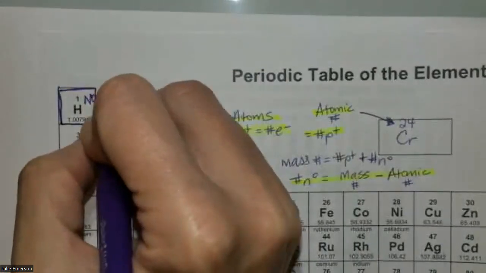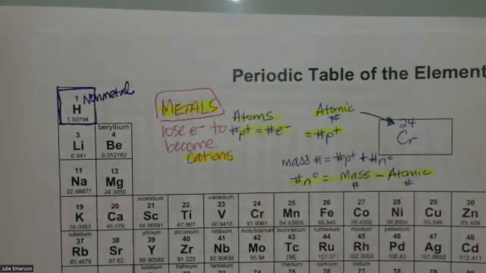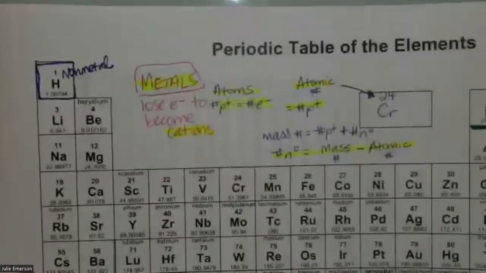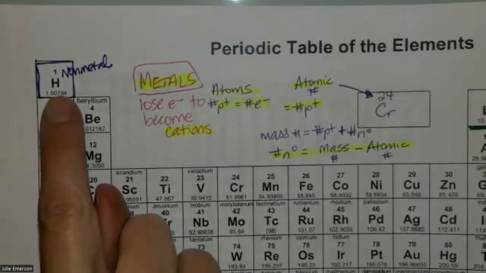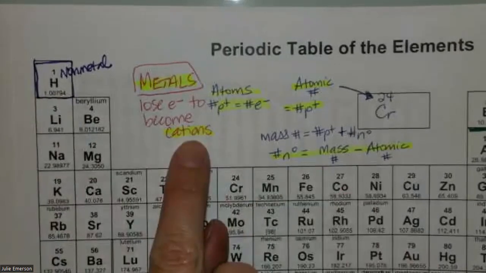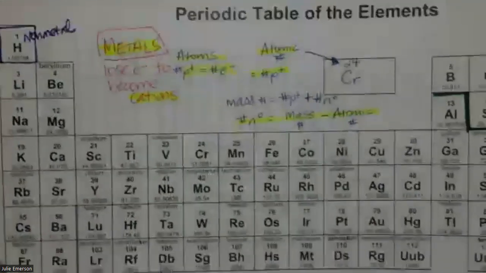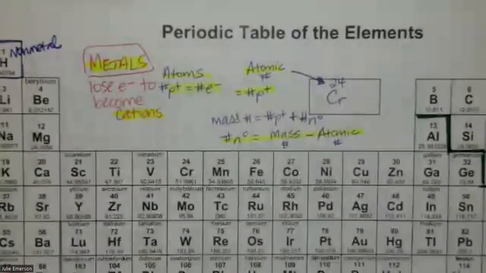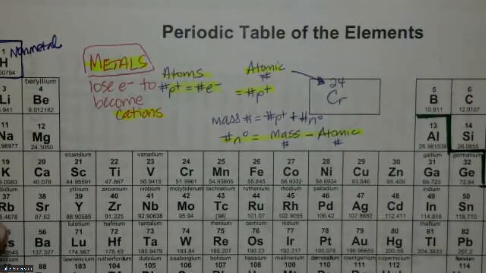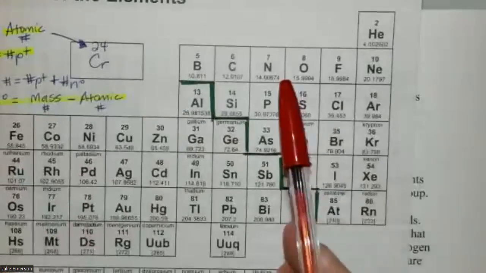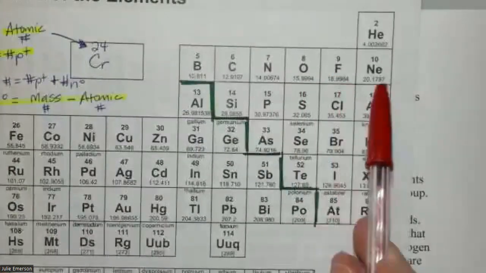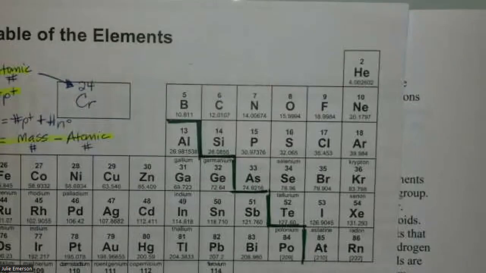Now, hydrogen is the only exception to the left of the stair step, and that is the nonmetal. Everything else is going to be a metal. Again, hydrogen, like metals, likes to lose electrons to become a positive ion. That's what's a little unusual about it. So when I go to the right side of the stair step, we're looking at nitrogen, oxygen, fluorine, chlorine, all of your argon, neon, noble gases.